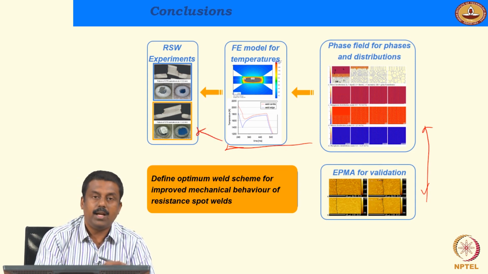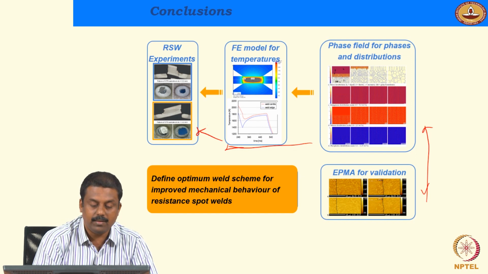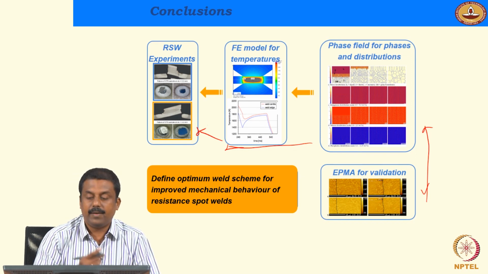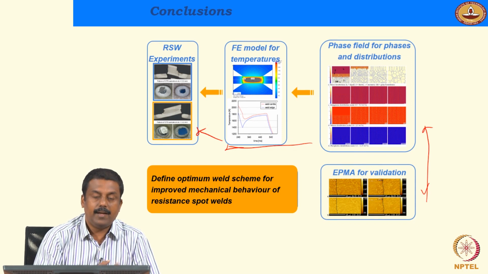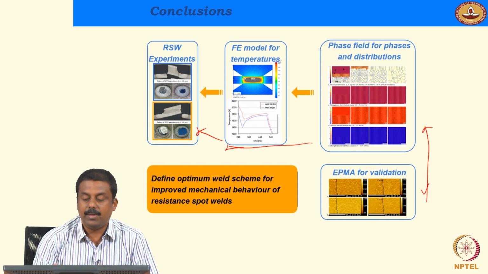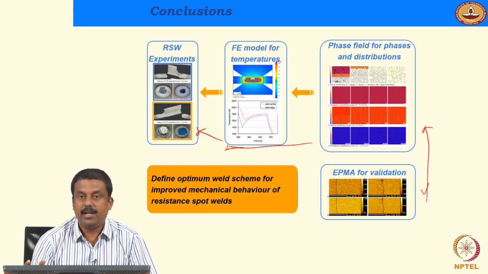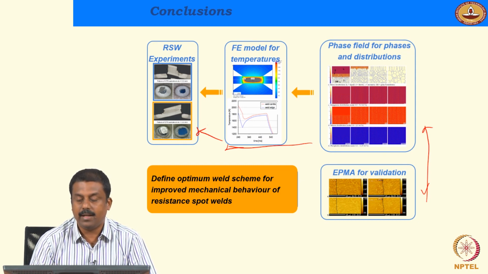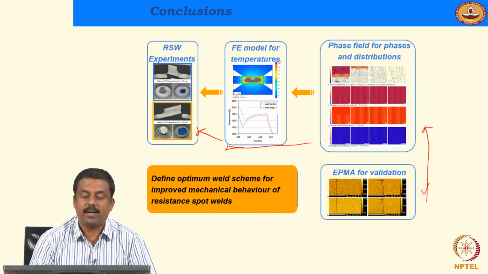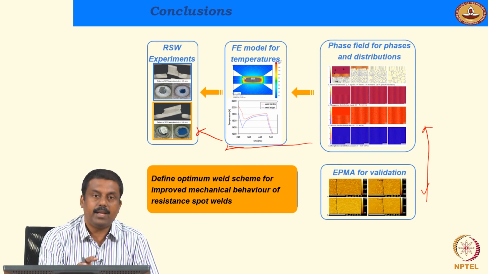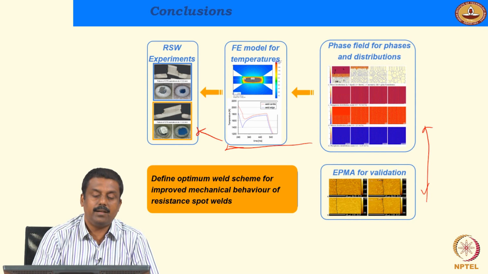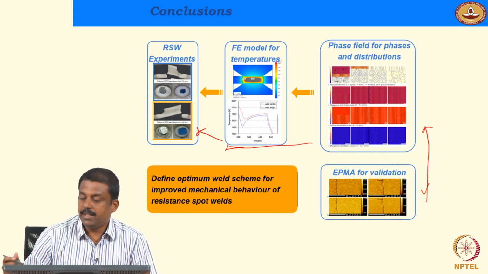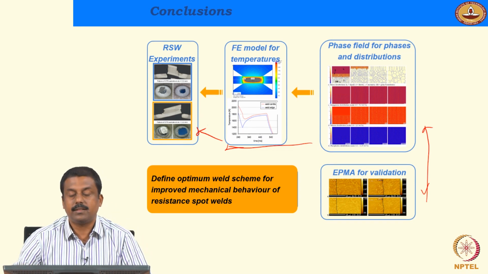Ultimately you will have the best microstructure using that thermal cycle. So instead of playing around with the welding thermal cycles to get better mechanical properties, you identify the mechanical properties, the microstructure and the elemental segregation behavior which can give you those mechanical properties. Once you know that, we can get the thermal cycles needed to achieve these mechanical properties. So with this I would like to conclude this lecture series.